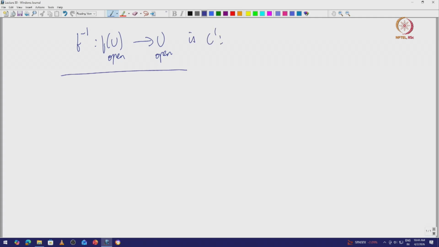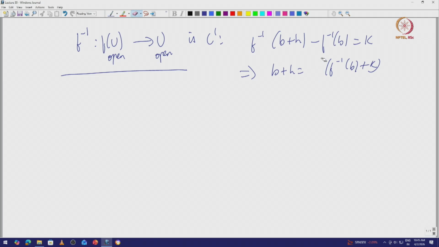So suppose you write this, so we were at this point, that means b plus h is f of f inverse of b plus k. Right. Now we will be tempted to use the mean value theorem, but this is a vector valued function. I didn't put the vector sign here, but it's a vector valued function. I'll just remove the vector sign for notational consistency.